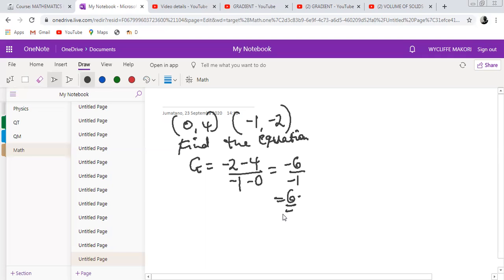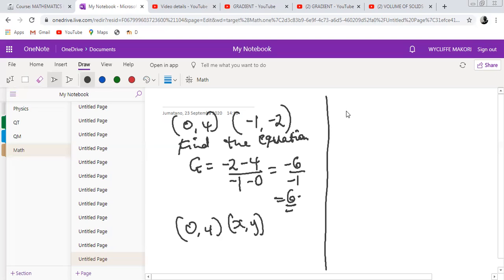After getting the gradient, we take 1 point of the 2 that we are given, which is 0, 4, and another one we assume, which is xy, like that. And we say this, if we do change in y over change in x, using these two, they should give us this answer.